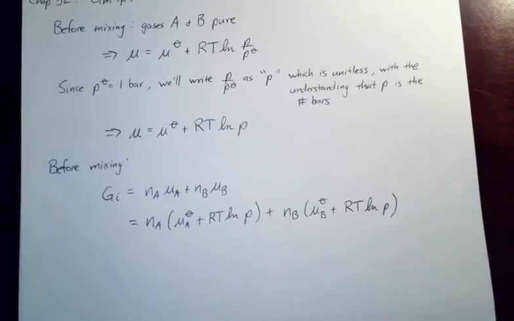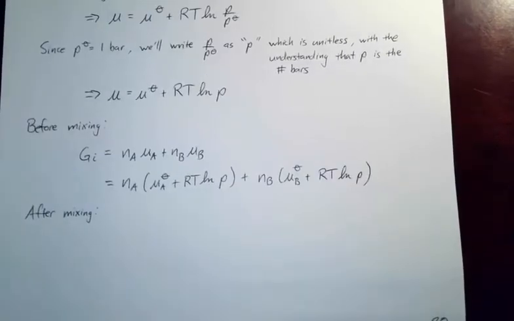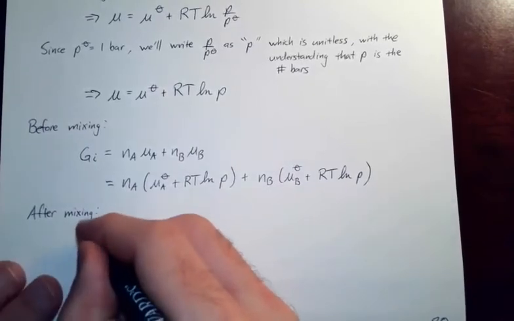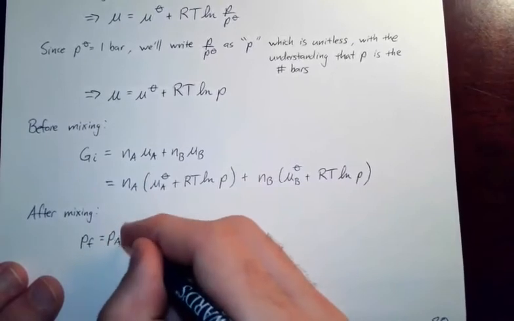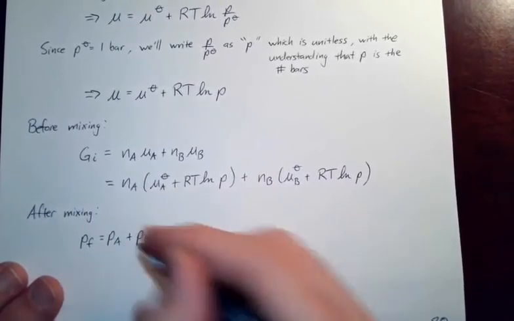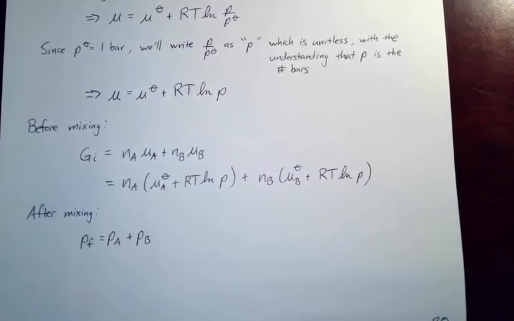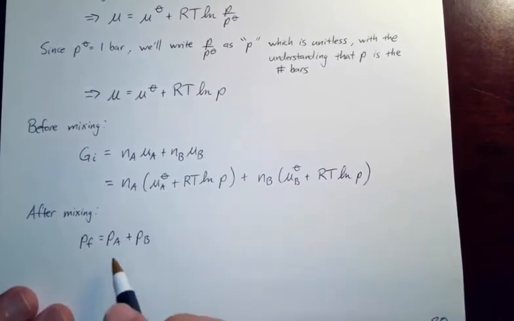All right, how about after mixing? After mixing, we're going to have a final pressure that's equal to the sum of the partial pressures of the two components of our mixed gas. So PA and PB are the partial pressures of the two gases.